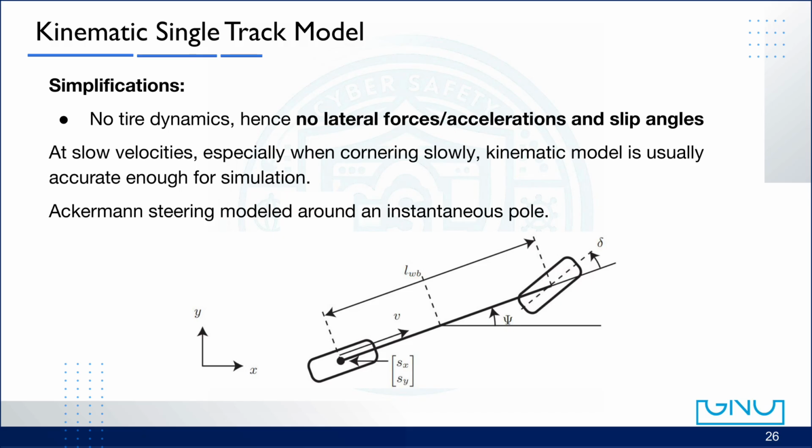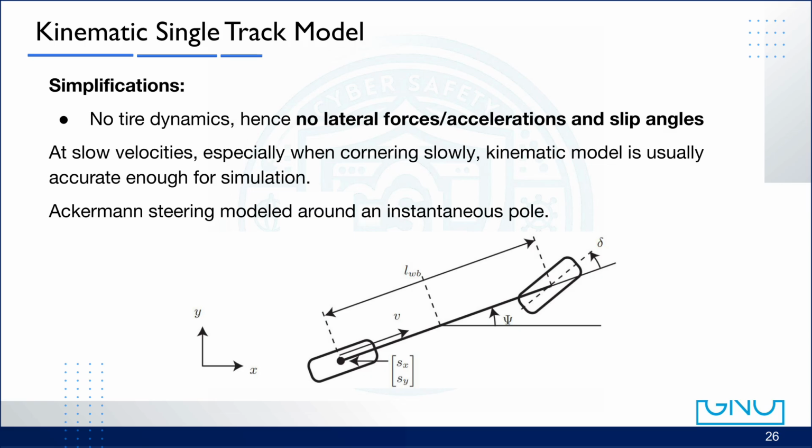We assume the tires roll perfectly without any sliding or deformation. The car moves smoothly across the ground as if it were gliding on rails, completely free of any side forces or tire slip. This simplification makes the equations much easier to handle, and it's accurate enough for low-speed scenarios such as lane following, parking, or precise path control.